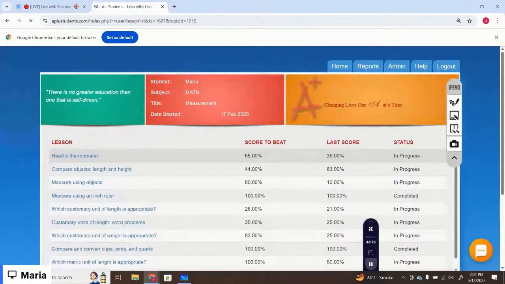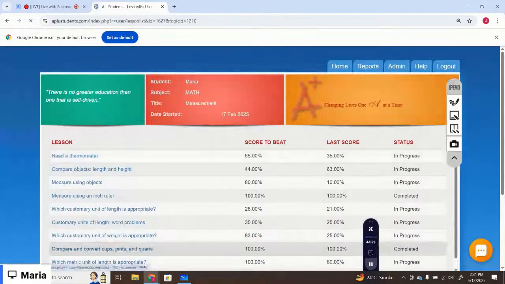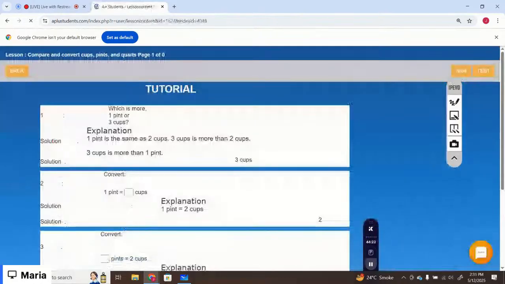The next lesson is compare and convert cups, pints, and quarts. Which is more, one pint or three cups?